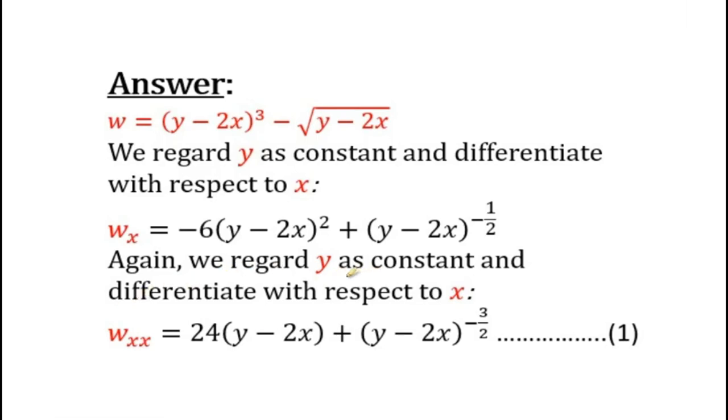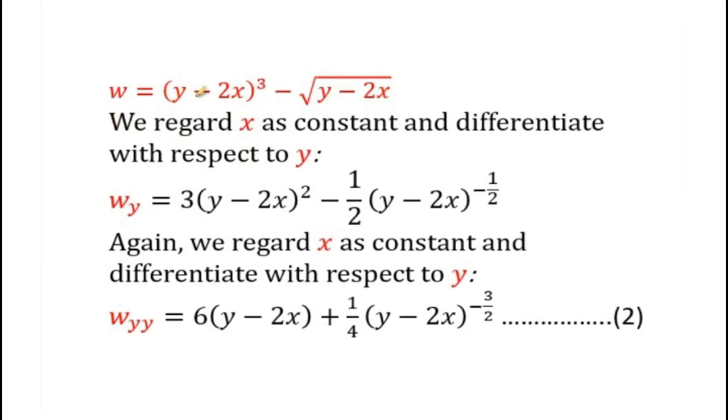Again, we regard y as constant and differentiate with respect to x. So w_xx is equal to 24(y - 2x) + (y - 2x)^(-3/2). We name it as equation 1.